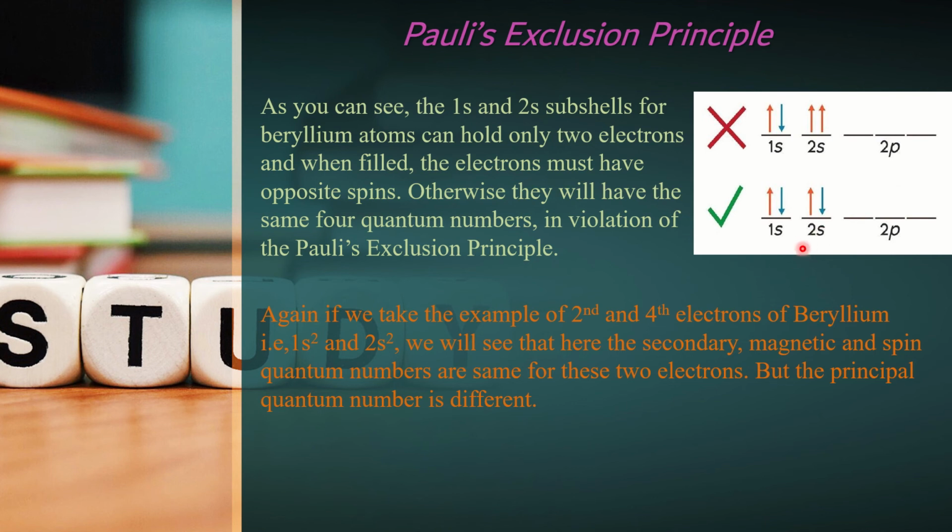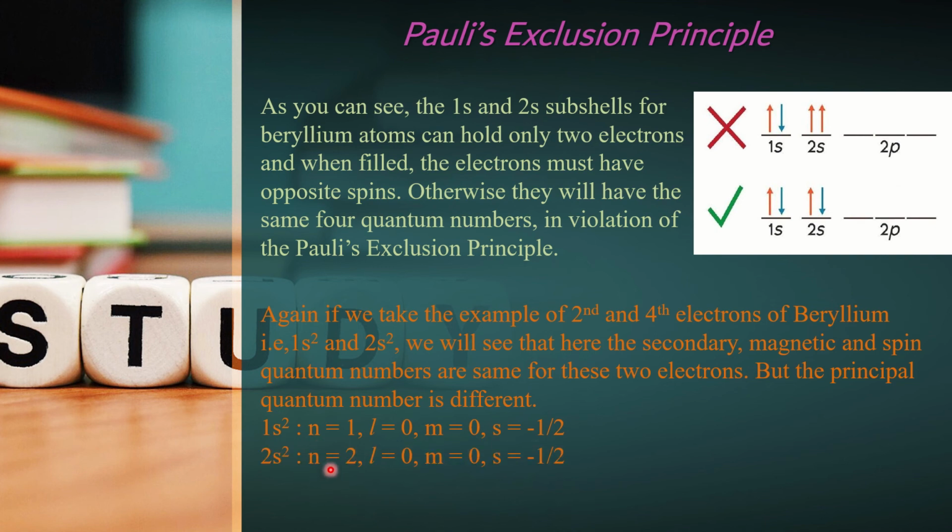In this way, if you count the 4 quantum numbers for any 2 electrons, you will see that at least one quantum number will be different. 2 or 3 quantum numbers also can be different, but at least one must be different. Look, for 1s2, n equals 1, L equals 0, m equals 0 and s equals minus half.